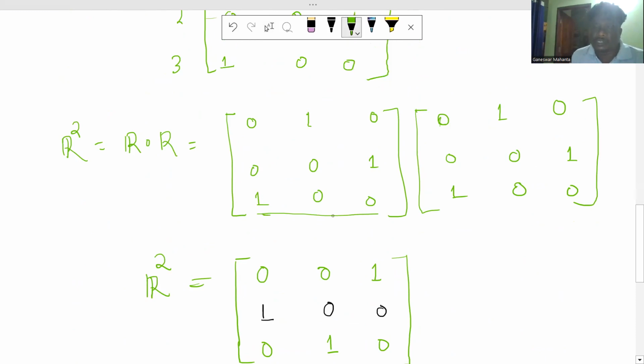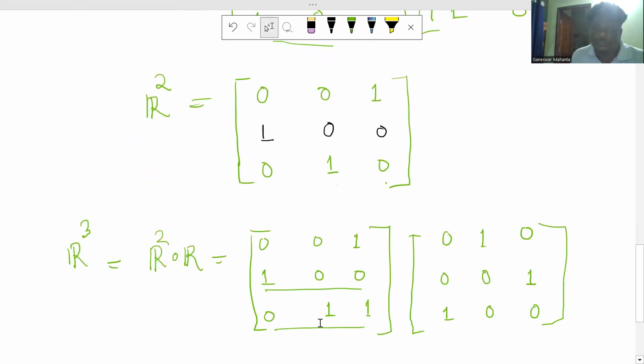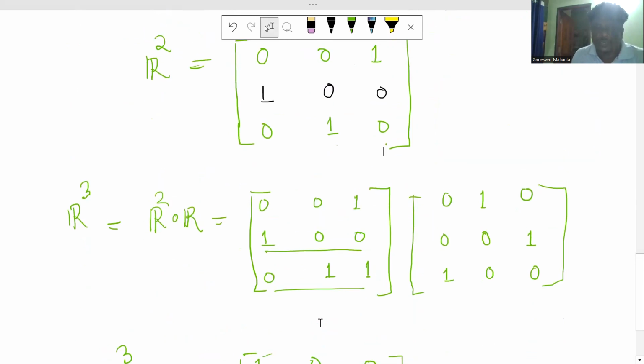Last row, this row multiplied with this column produces 0. This row with this column produces 1, and this row produces this value, that is relation 0. 0, 1, 0. Actually I mistakenly wrote that; this value is 0.